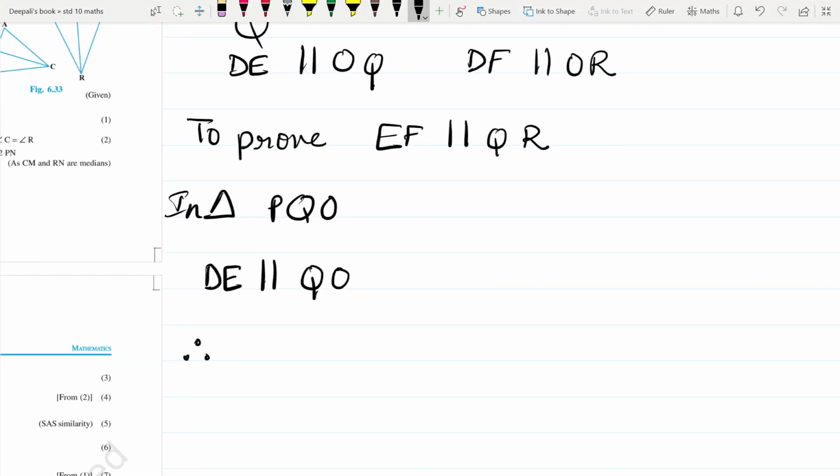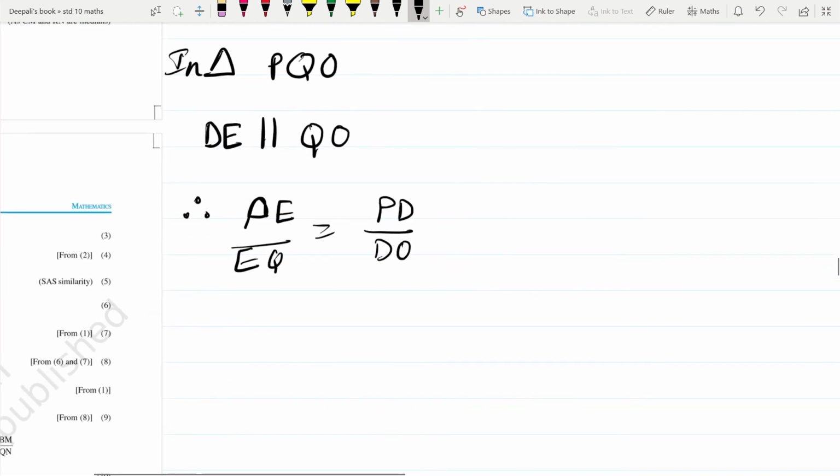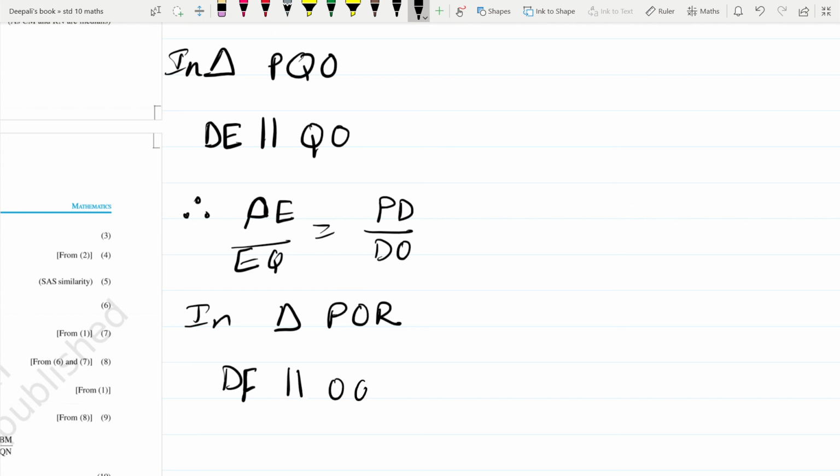Therefore, PE upon EQ will be equal to PD upon DO. Similarly, in triangle POR, DF is parallel to OR.